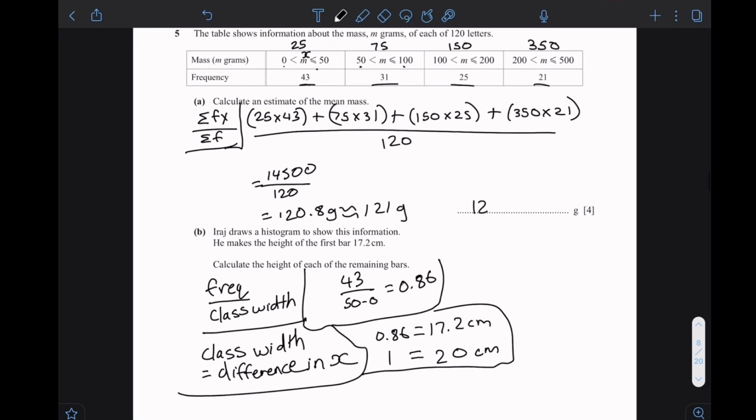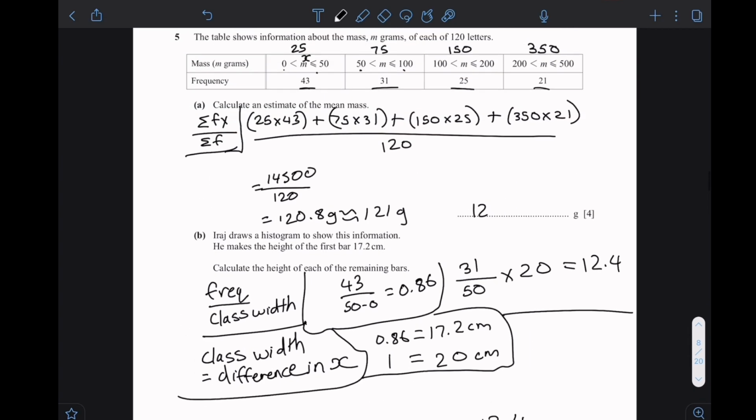So for the first one, it is 31 divided by 100 minus 50, which is 50, and you multiply this by 20, right? So you do 31 divided by 50 multiplied by 20, and you get 12.4 centimeters.